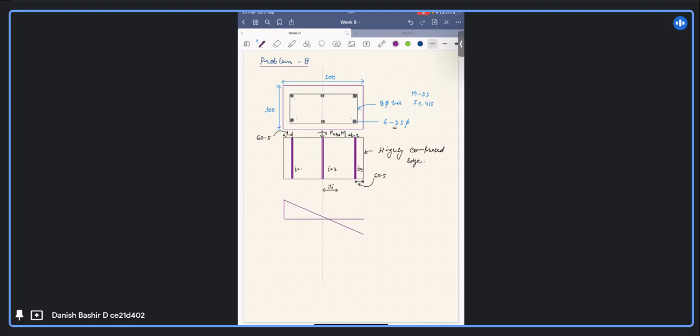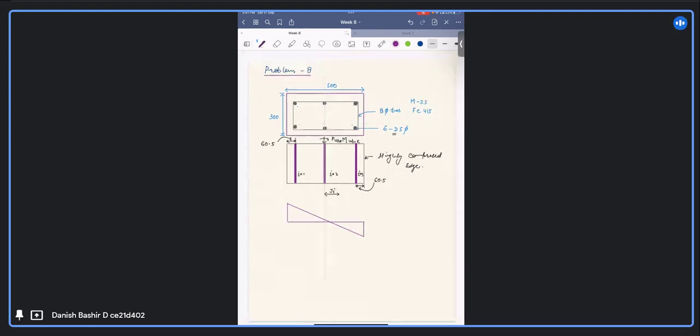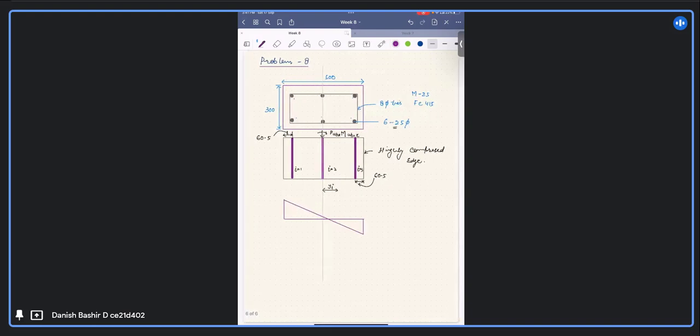This side will be in tension, and this side will be in compression, the positive side. Epsilon cu here will be 0.0035 strain in the highly compressed fiber. Here we have the corresponding strains for these sections.